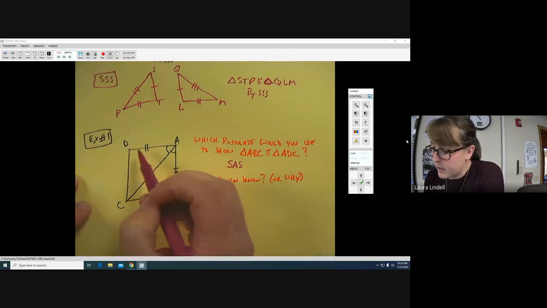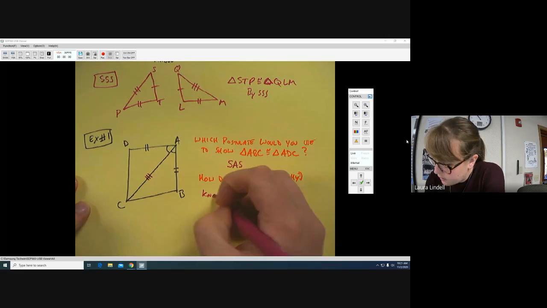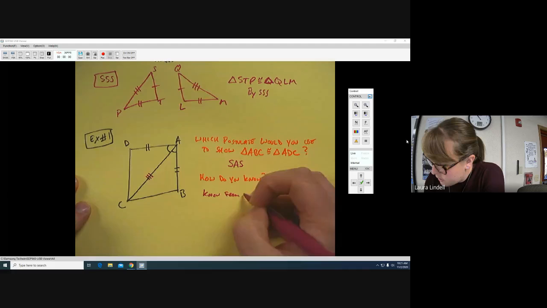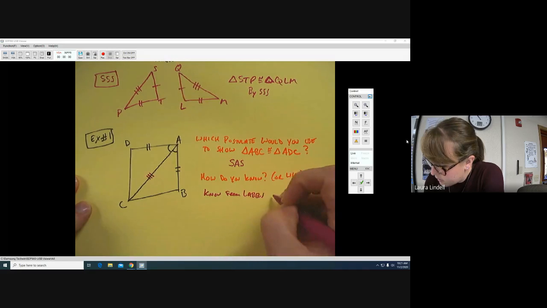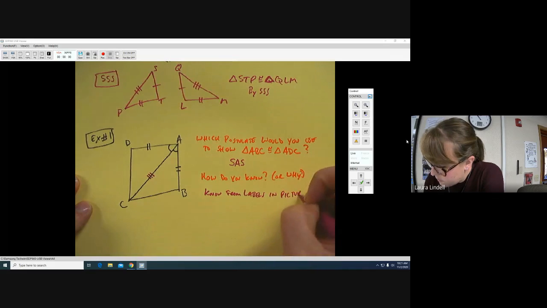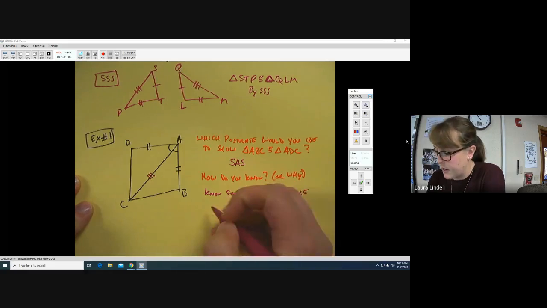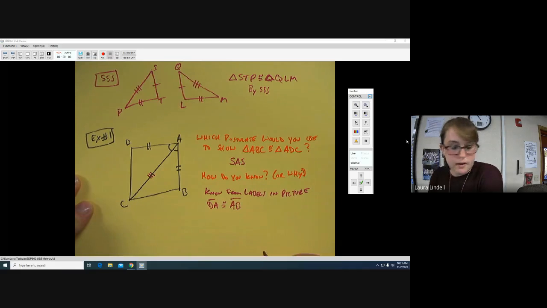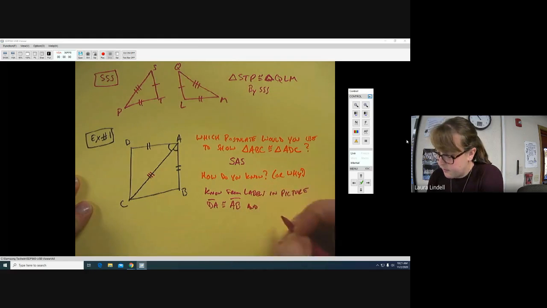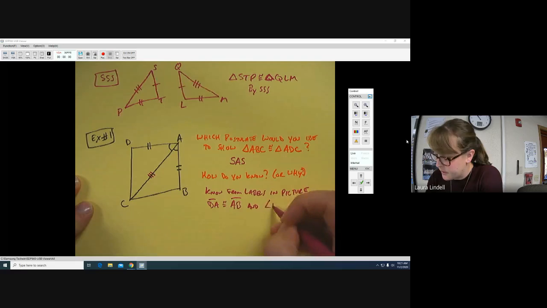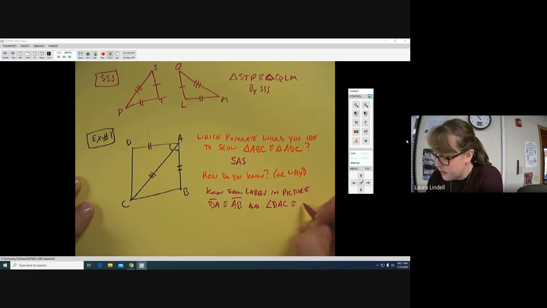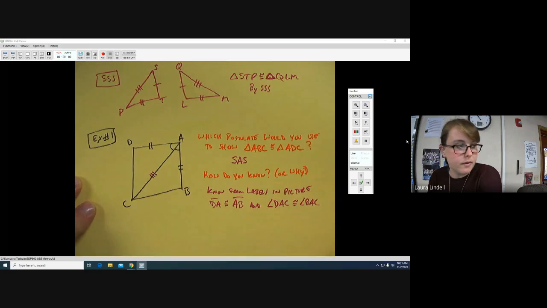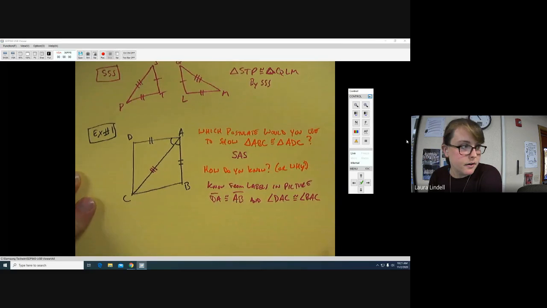So I know from the labels in the picture that DA is congruent to AB. And we know that angle DAC is congruent to angle BAC from labels in the picture.